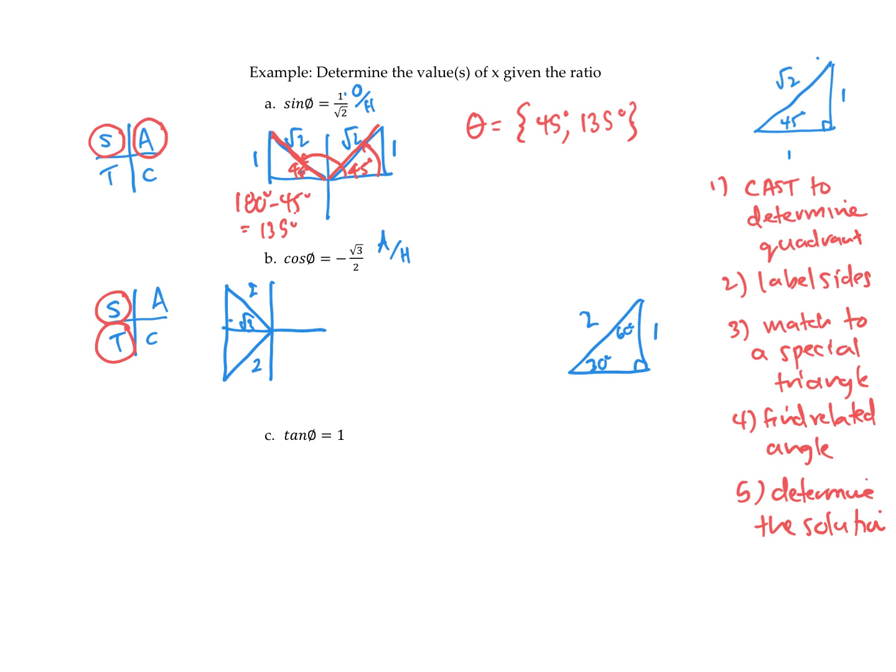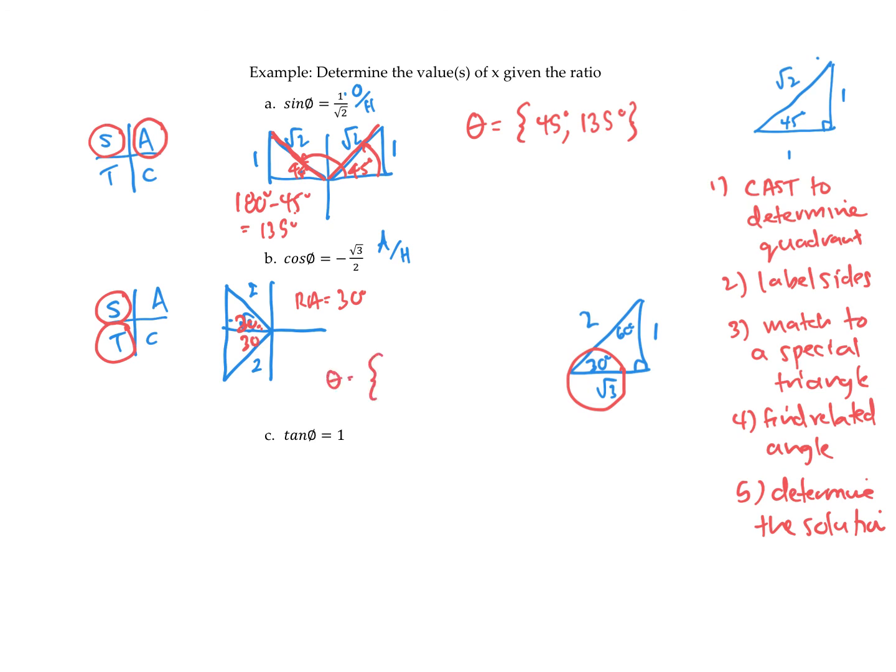The 1 is always adjacent to the 60, and the root 3 is always adjacent to the 30. So which angle is adjacent to the root 3? It's 30. So the related angle is 30. So this angle's 30 and this angle's 30. So now I can find my answer.